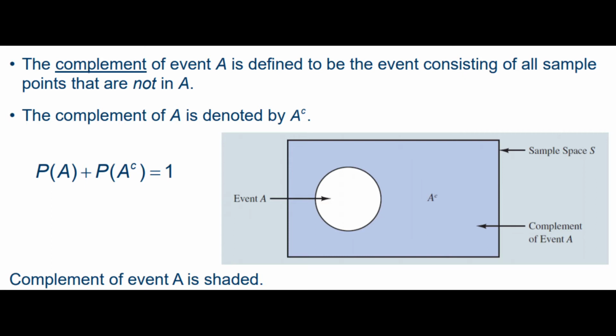So probability of A plus probability of A^C equals 1. This suggests that A and A complement, the summation of these two, will be our whole space.